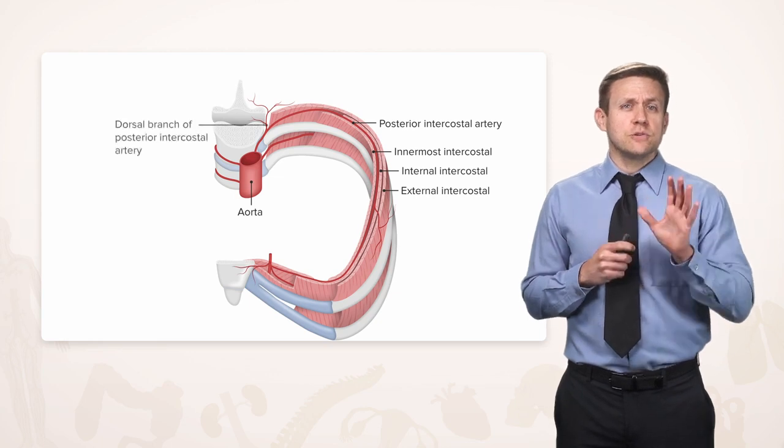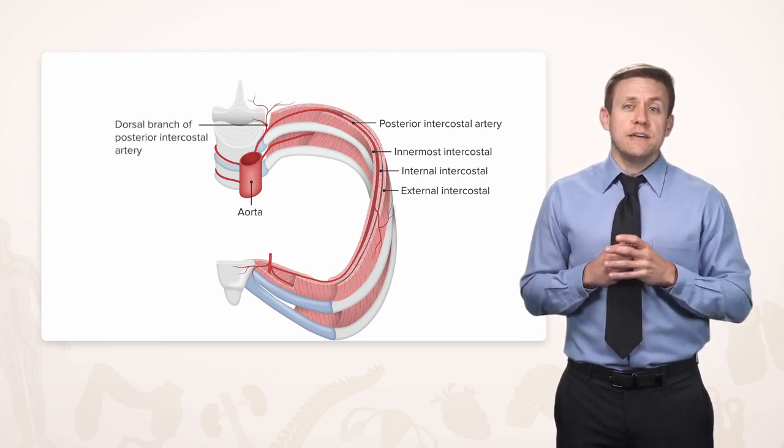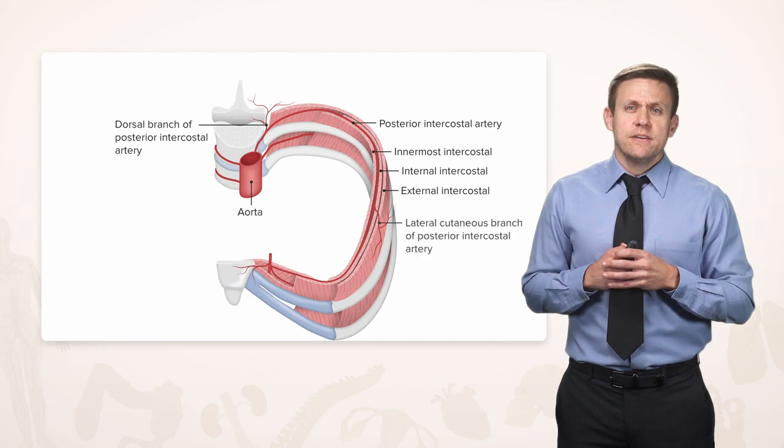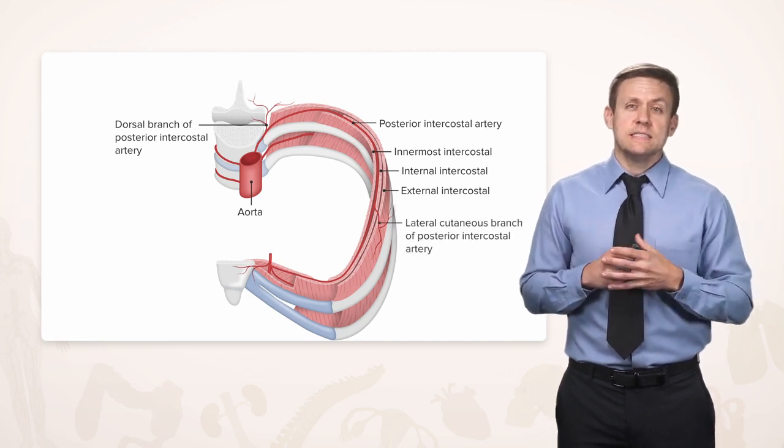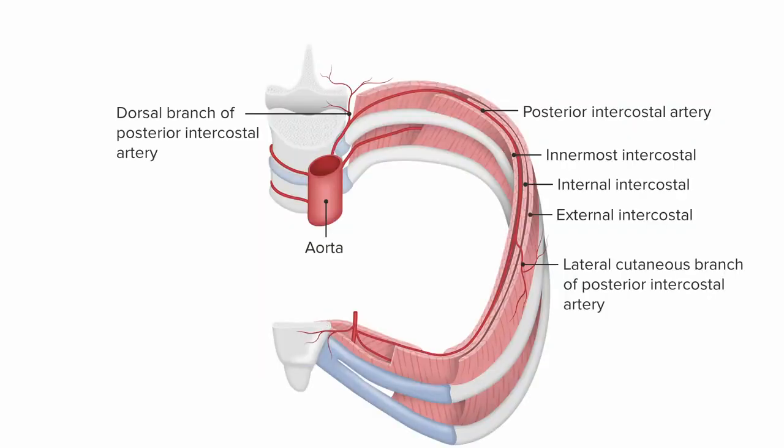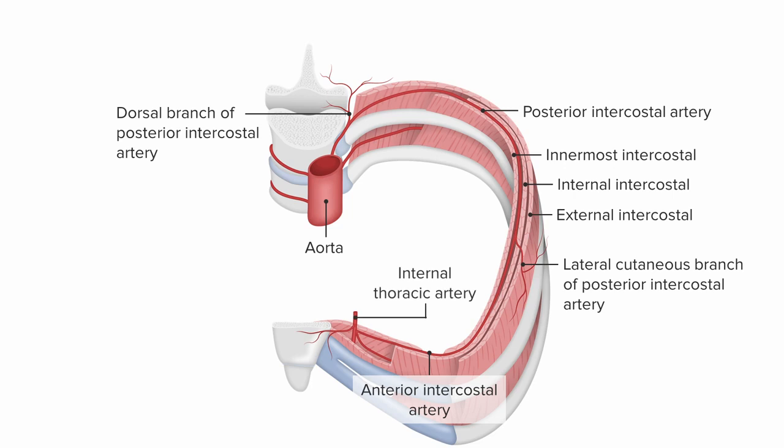So there's a dorsal branch that's going to go off and supply the back, and there are going to be branches that pierce through the muscle to provide supply to the overlying skin, before they anastomose with the anterior intercostals coming from the internal thoracic artery, which itself is going to give some perforating branches to supply the overlying skin.